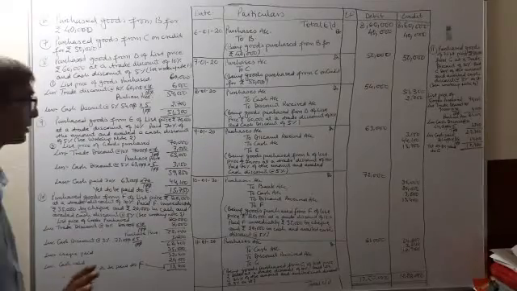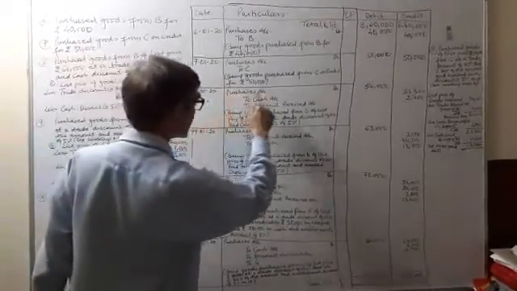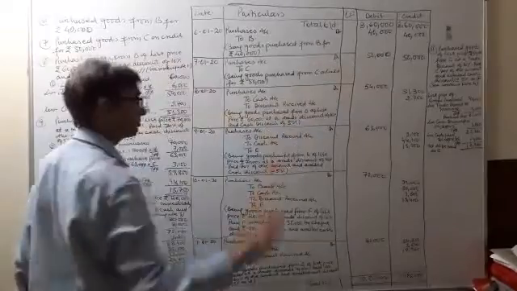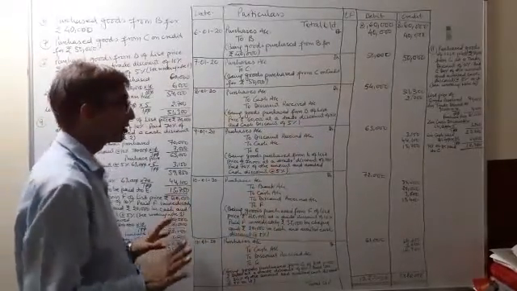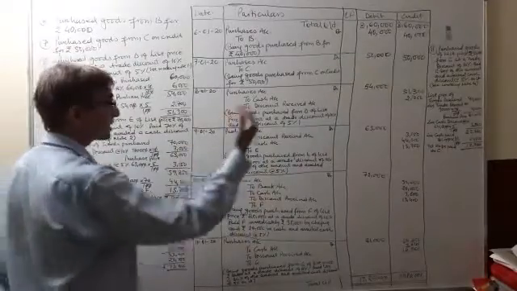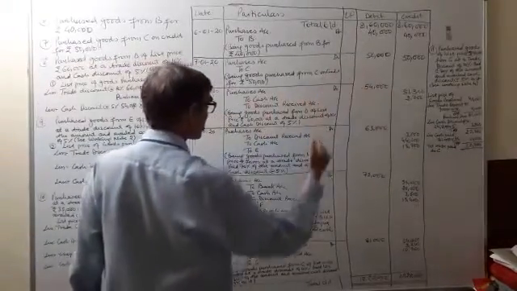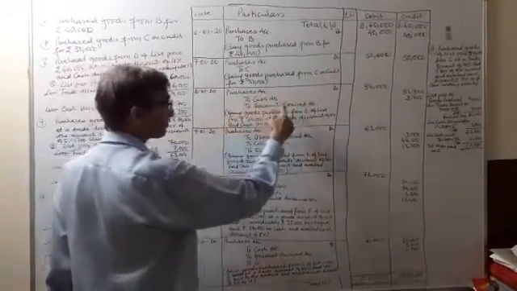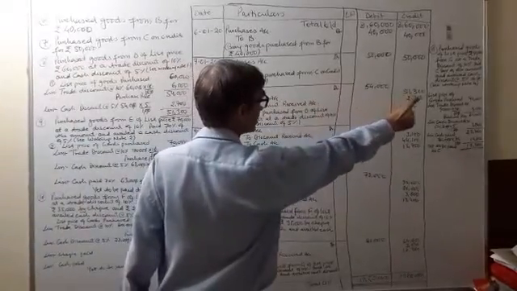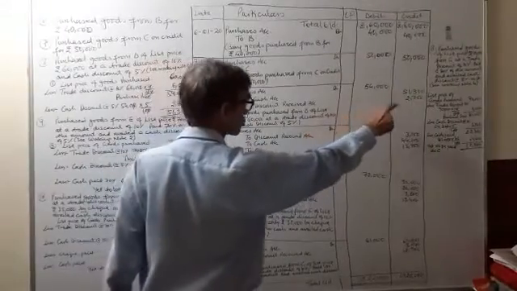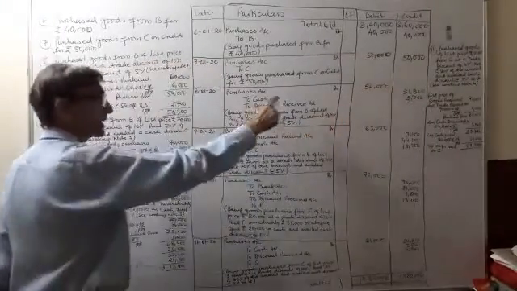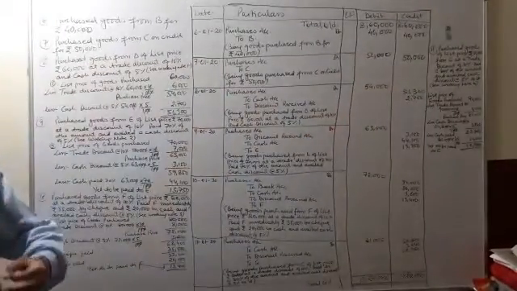It's clear? So the entry will be purchases account debit 54,000. Trade discount will not be recorded, so omit it. Whatever is left, take it. Purchases were of 54,000. We have paid cash 51,300 and we have received a discount of rupees 2,700. It is a gain and all the gains are credited.